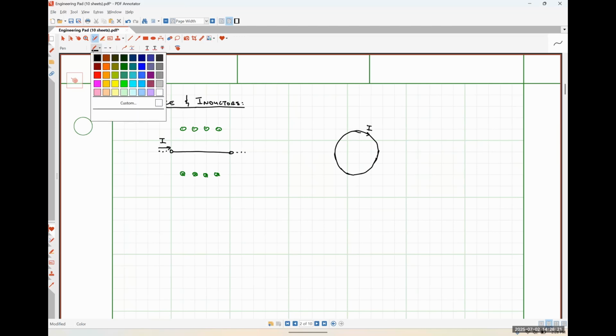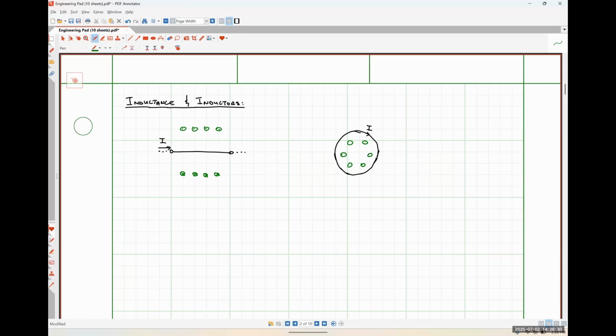What that means is that inside of our circular current carrying wire, our field is directed down into the page, and outside of our current carrying wire, our field is directed up out of the page, like so.